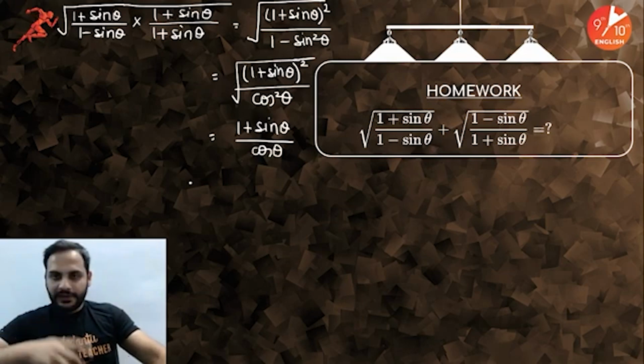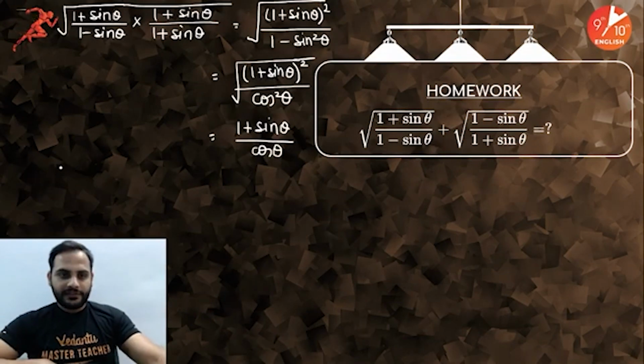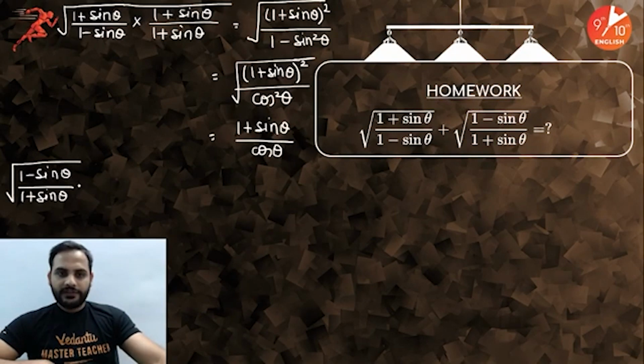Easy. Similarly, if I rationalize the second one, square root of 1 minus sine theta upon 1 plus sine theta, this time we'll rationalize with 1 minus sine theta, because it depends upon the denominator.